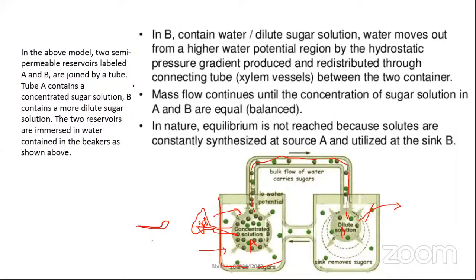Okay, and you can see in the above model, two semi-permeable reservoirs labeled A and B are joined by a tube. Tube A contains a concentrated sugar solution. B contains a more dilute sugar solution. The two reservoirs are immersed in water-containing beakers as shown above. Now, this is the setup which Munch put forth to demonstrate the mass flow hypothesis.